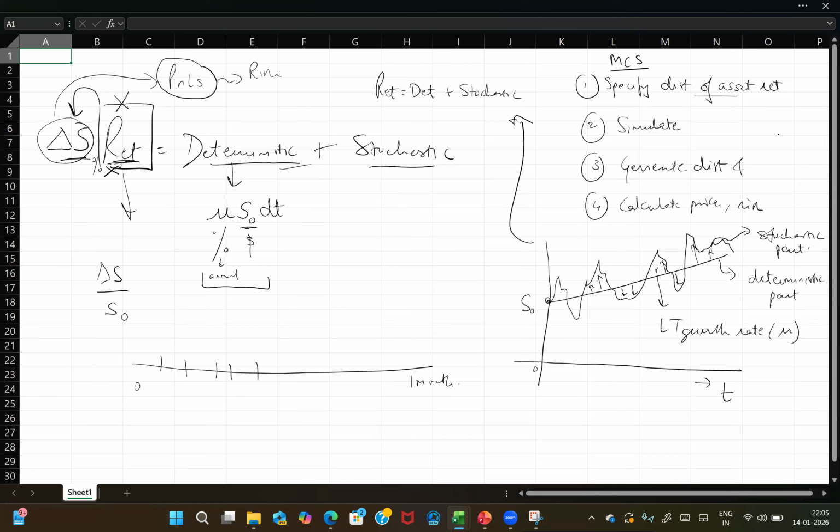I will create small buckets of time and call each of these dt. And I will calculate this delta S over each small time period dt. So suppose this is delta S1, this is delta S2, this is delta S3, and so on. When I sum all these deltas and add them to the initial stock price, it will give me the final stock price.